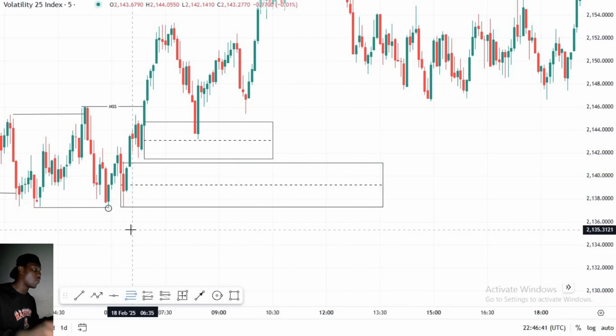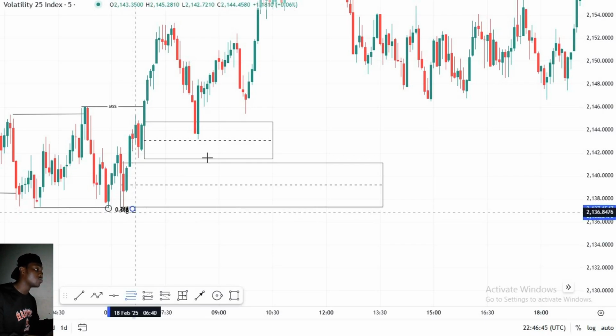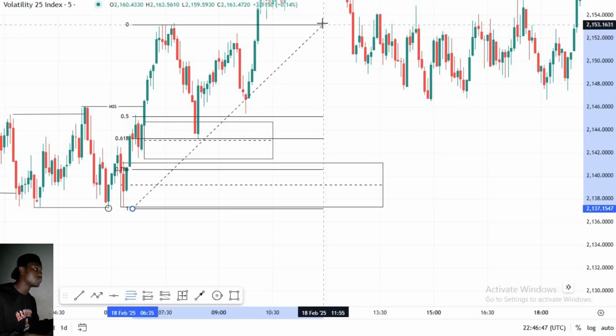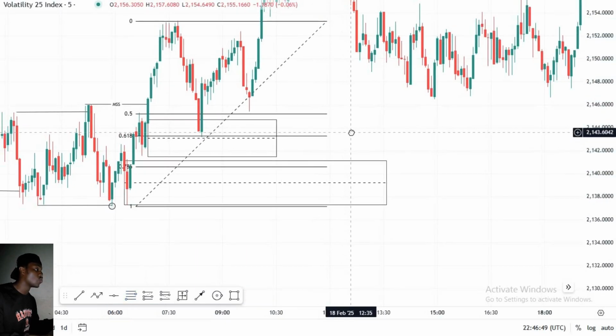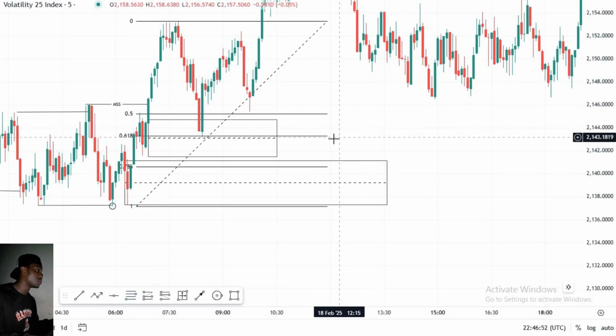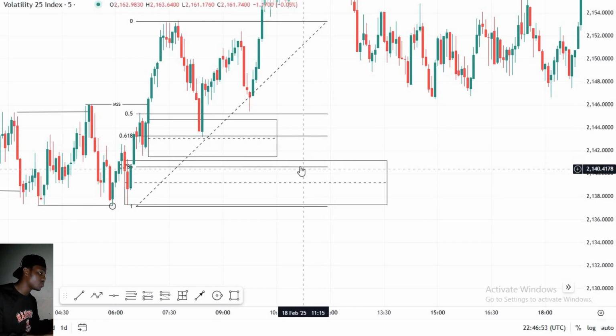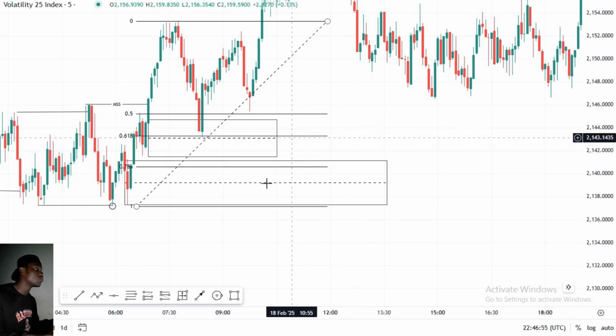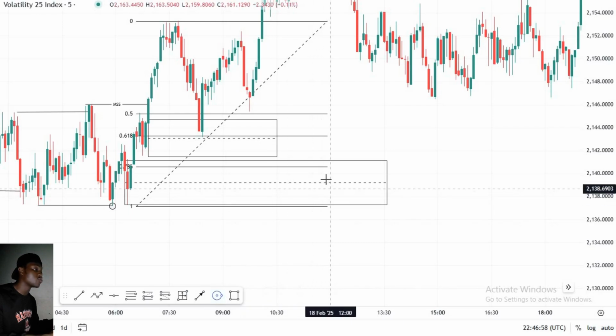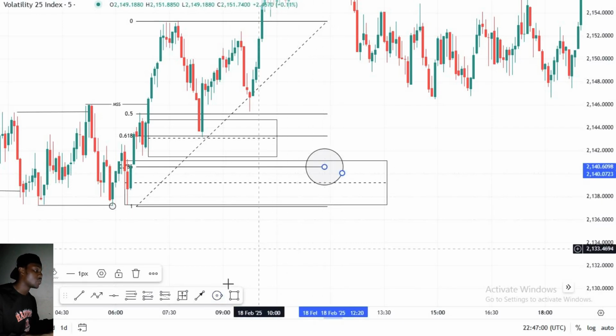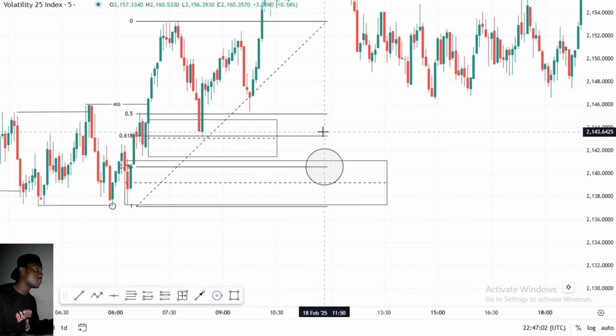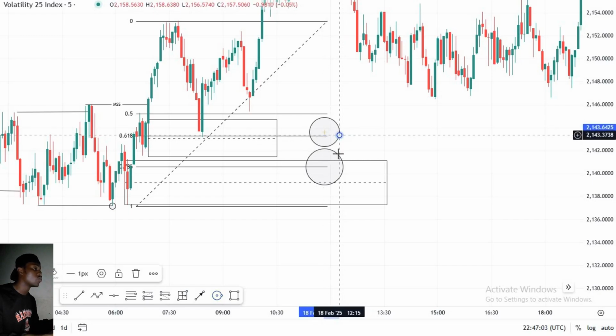Then we take our Fibonacci level from the low of the movement to the high where we got our retracement, like this. So where's our level of interest? We have a 71.6 level and a 61.8 level. One of these is our entry.